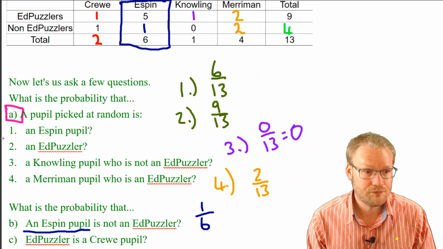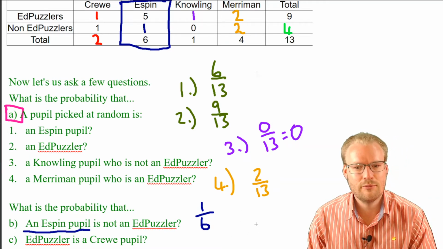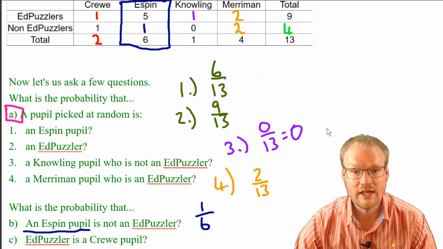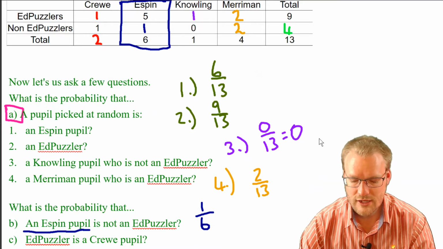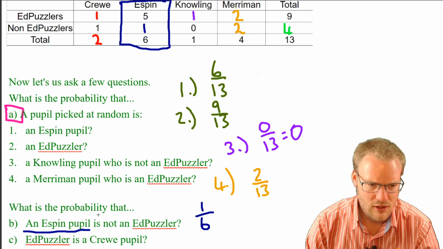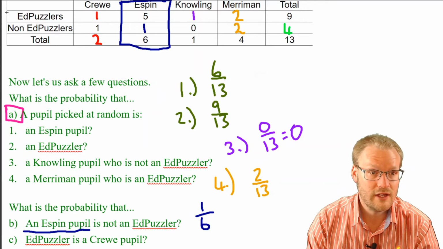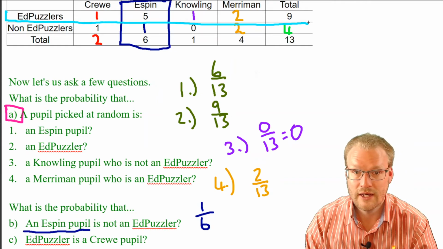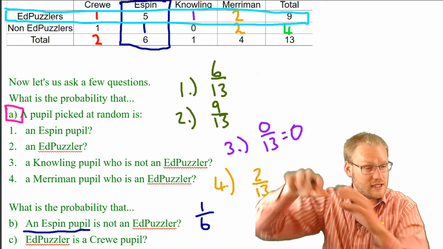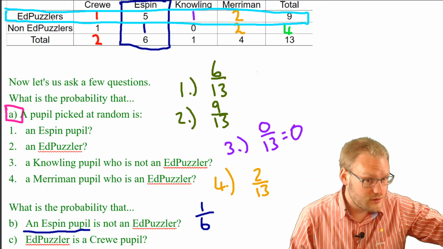So that's that part. Okay, let's go for crew if you've been feeling left out. What's the probability of picking an Ed puzzler who is a crew pupil?